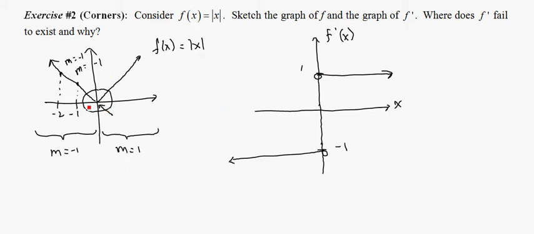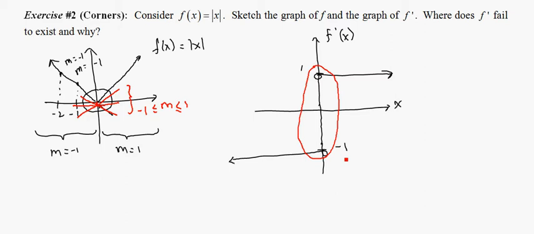Another way to say it is that there's an infinite number of tangent lines. For instance, you could have a horizontal tangent line there, but you could also have tangent lines that are non-horizontal. Interestingly enough, every one of these slopes would be between 1 and -1, which kind of makes sense because that's what this graph is indicating.